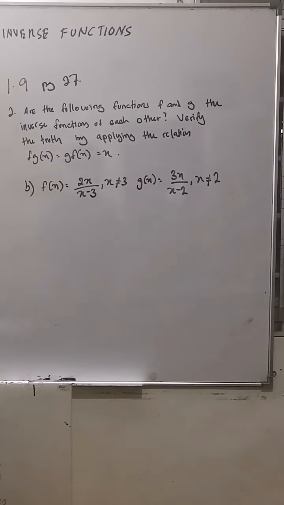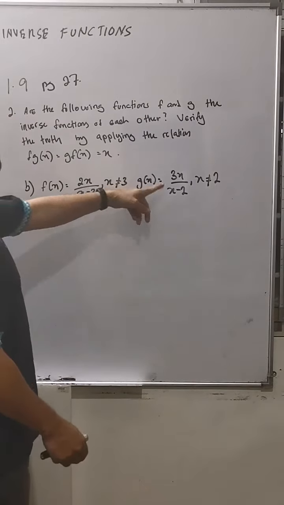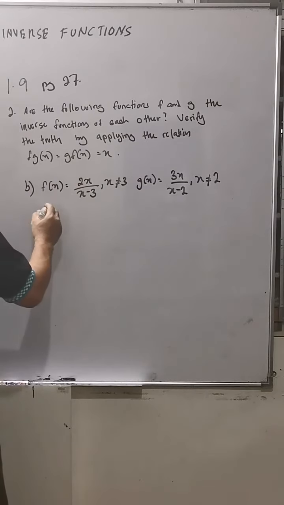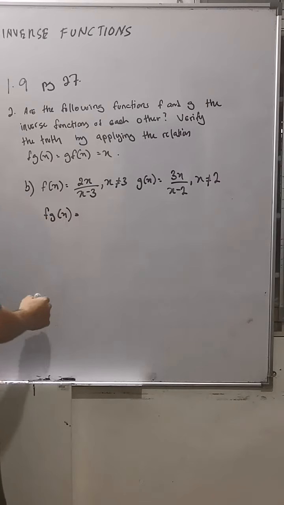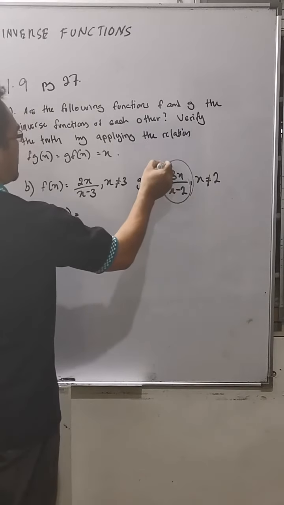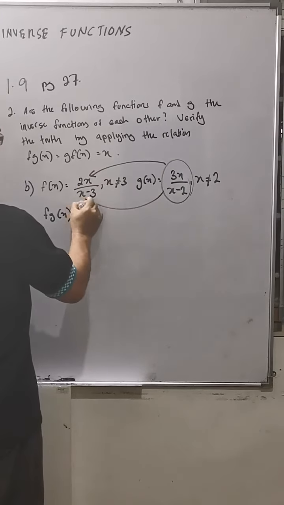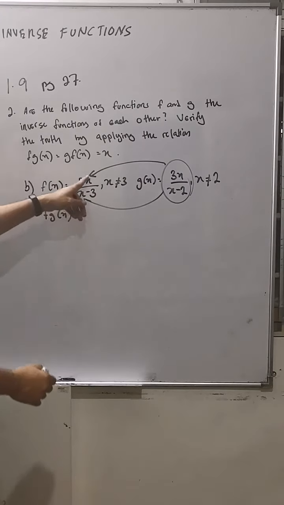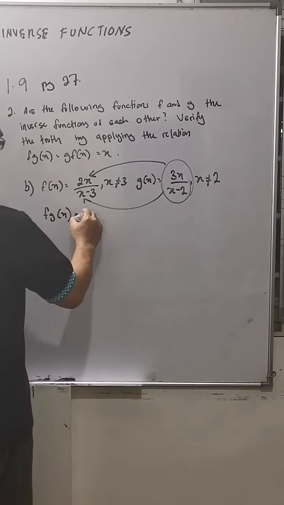Question B. Let us determine whether f is the inverse of g(x). So find f(g(x)). g(x) inside f. Okay, you have to replace twice because there are 2 x's here.